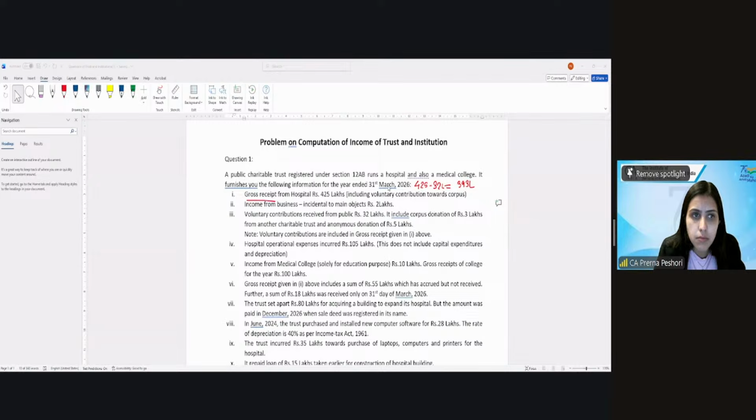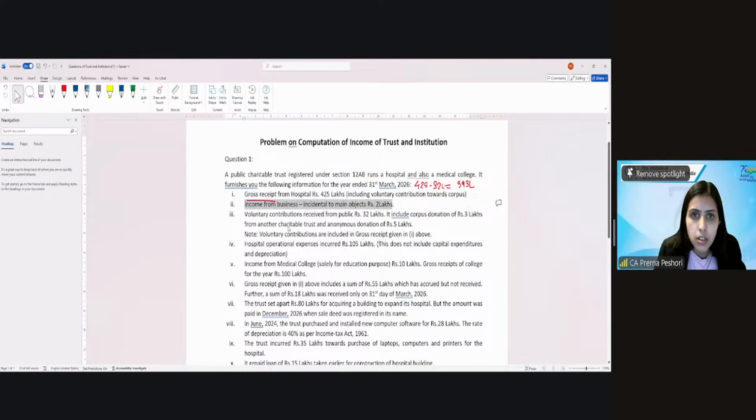Including that income from business. But what about the 20% criteria? Do we need to check here that? It's a hospital and medical college.